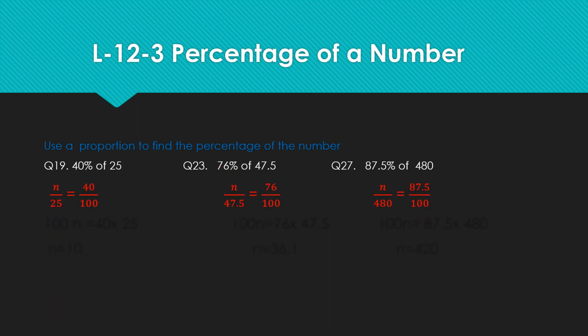You can see in this one, N by what is the whole? Here 47.5, and in the percent the whole is 100, and the percentage is 76. In the same way here, n by 480 is equal to 87.5 by 100.